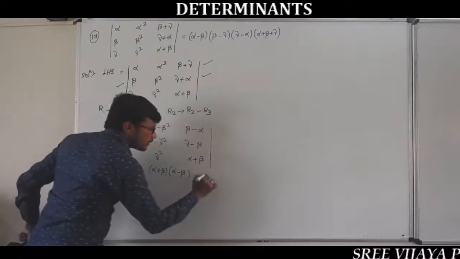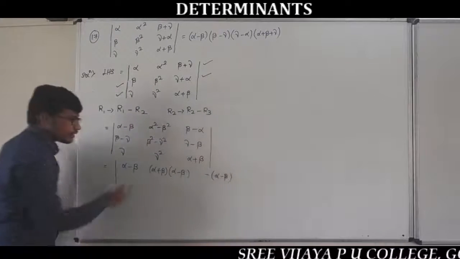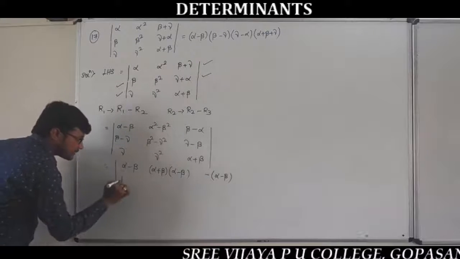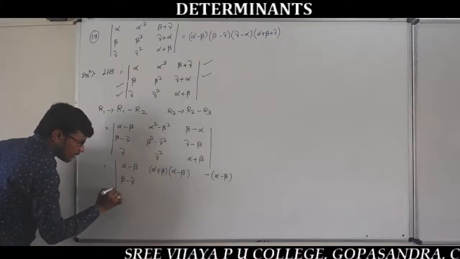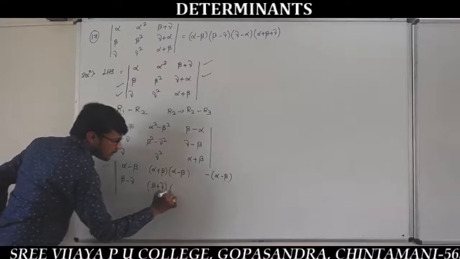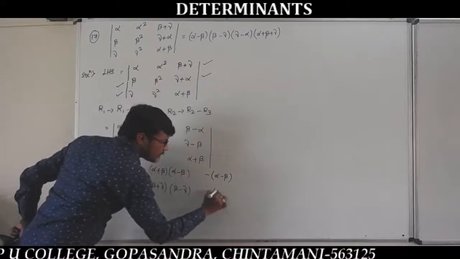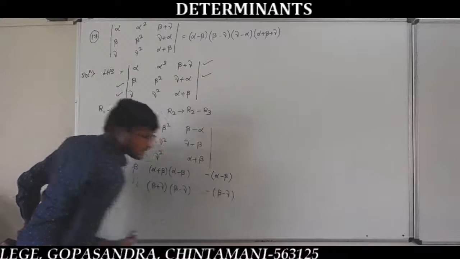So in these two, which is common? Minus is common. What is remaining? Alpha minus beta. For the R2, this is beta minus gamma. So next this can be written as beta plus gamma into beta minus gamma. So in these two, minus will be the common, remaining beta minus gamma.